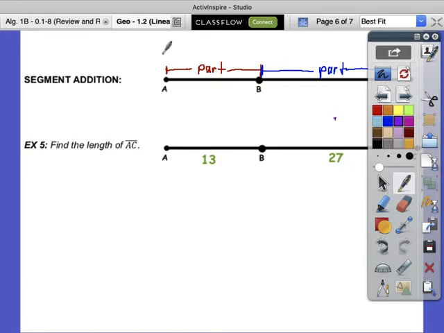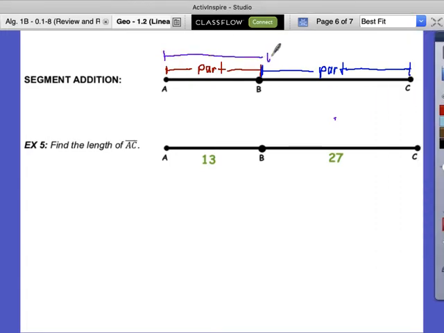What do red and blue make? Purple. So you have those two parts, segment AB and segment BC, that come together to make the whole big segment AC there, right? You see that in the colors, hopefully?